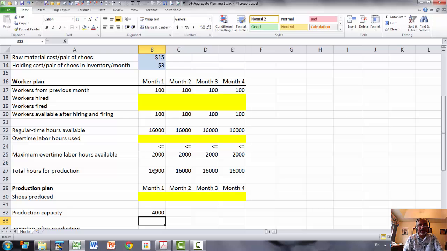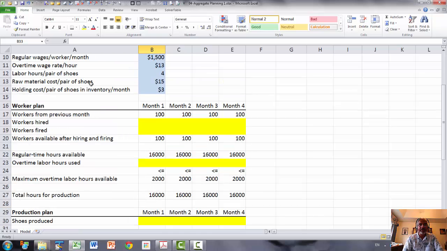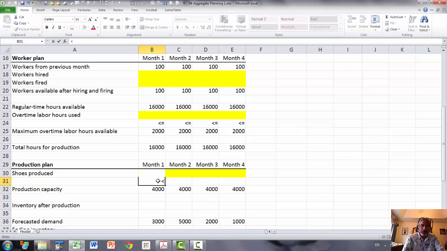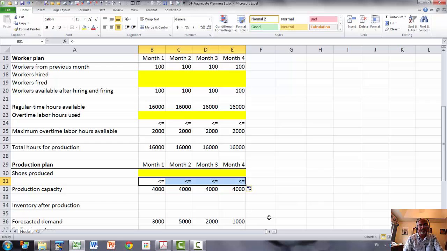How many shoes can be produced? This is the total hours available. Divide by the labor hours per shoe and that will give us the production capacity. Copy that. So shoes produced must be less than or equal to that.